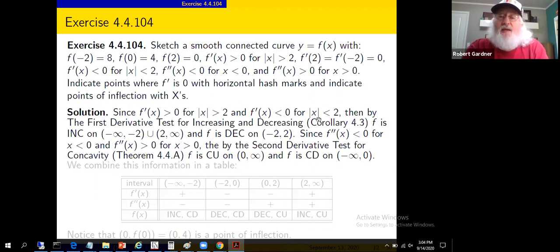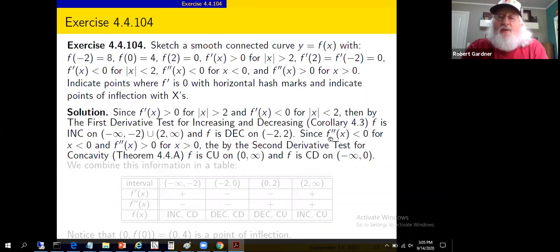The derivative is negative for the absolute value of x less than 2. That means x is between negative 2 and 2 in this interval. Negative first derivative, decreasing. So f is decreasing here. Positive derivative here. Function's increasing here.